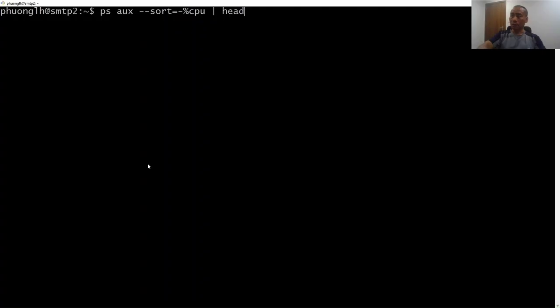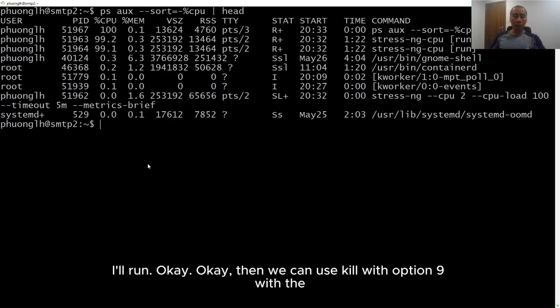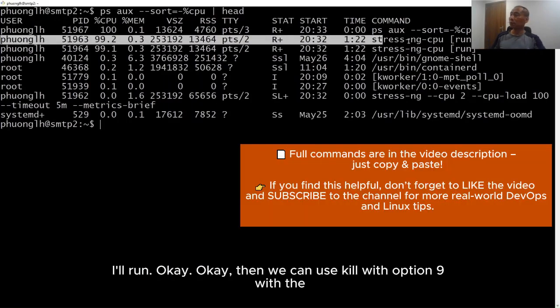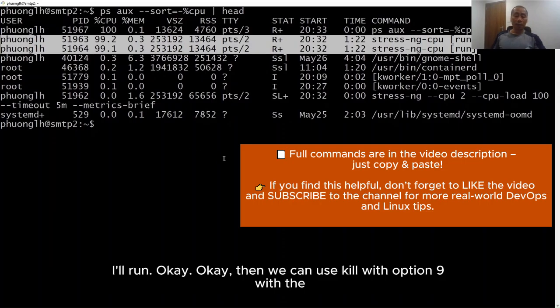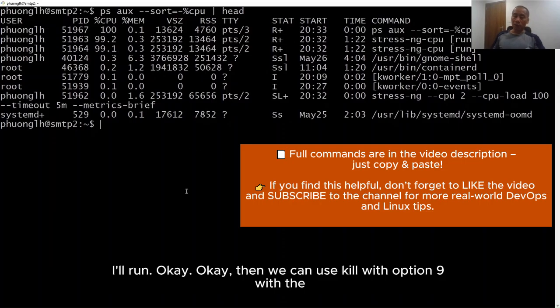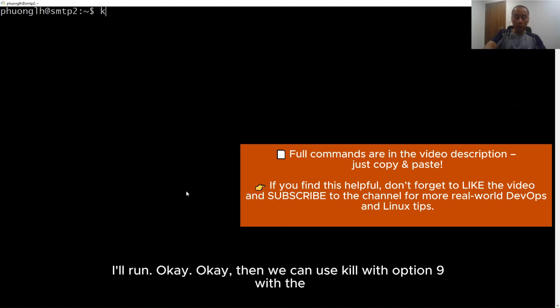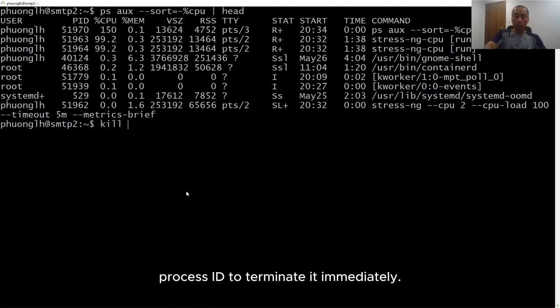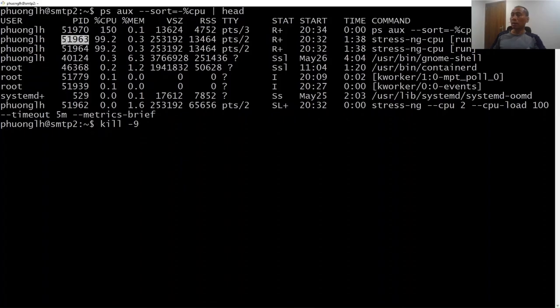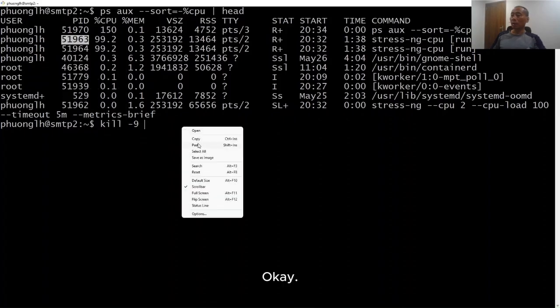To confirm that it is running, then we can use kill with option -9 with the process ID to terminate it immediately.